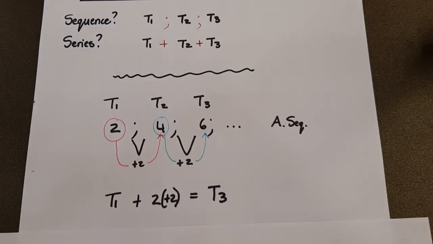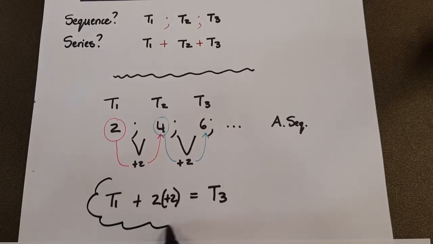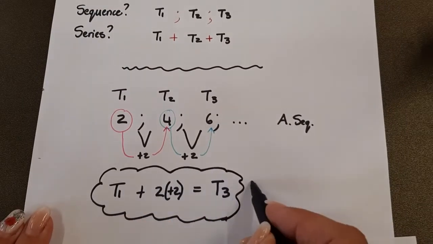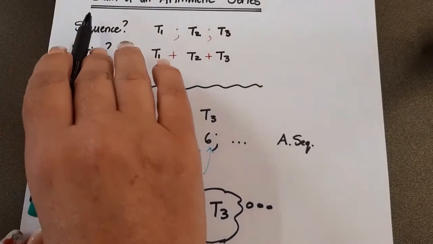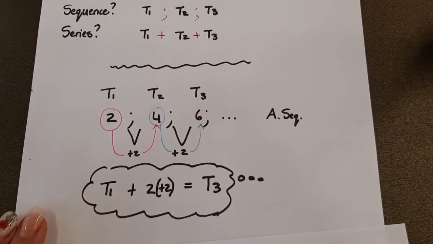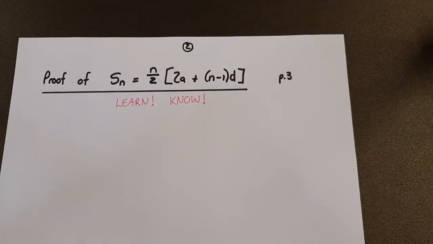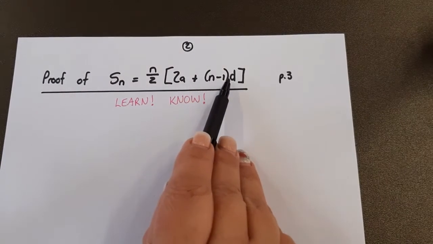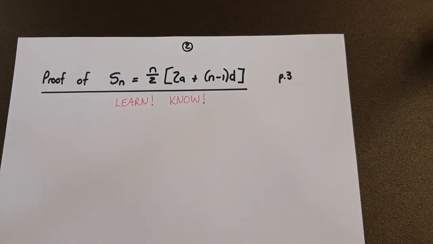We are going to use this concept when we do the proof of the sum of an arithmetic series. The sum of an arithmetic series has a special formula, and you need to know how to prove that formula.